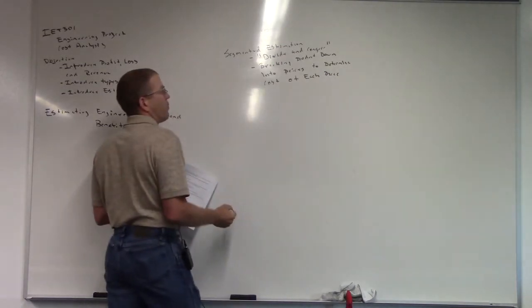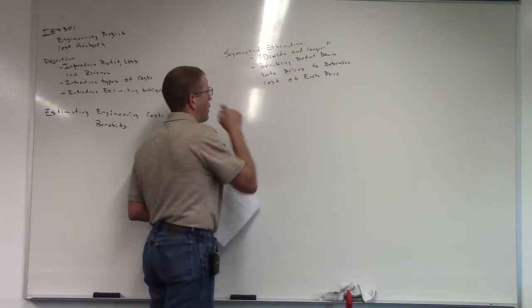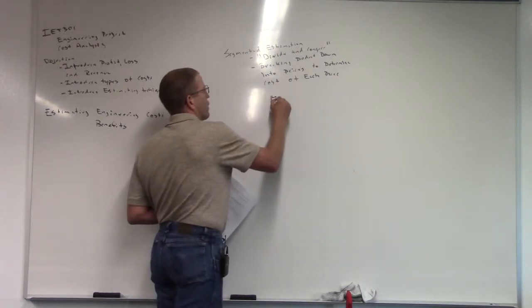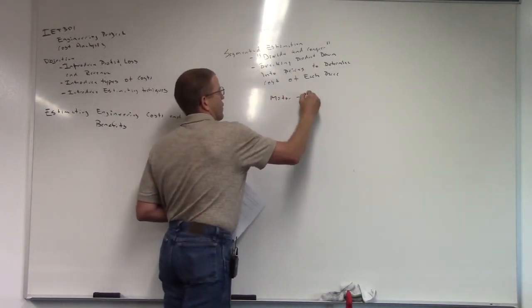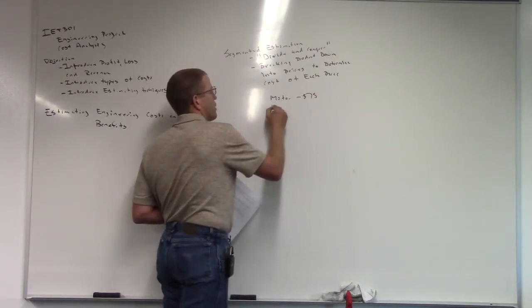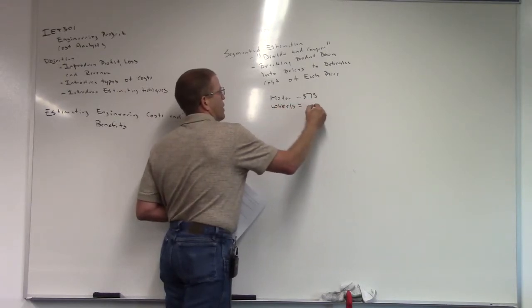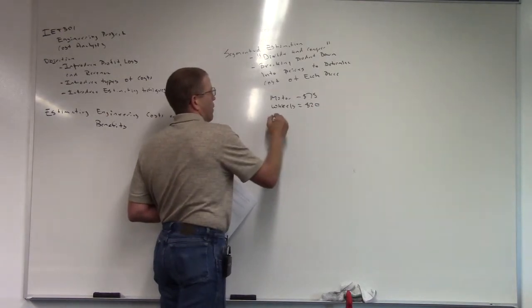Okay, so what we could do is take a look at a lawnmower. We could say that lawnmower has a motor that costs $75, 4 wheels that cost $5 each, so $20 total.